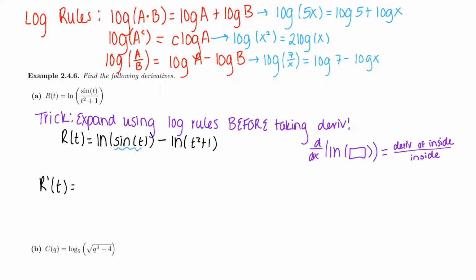So the derivative of sine t is cosine t, all over the inside, which was sine t. Right, this is the derivative of the inside over the inside.